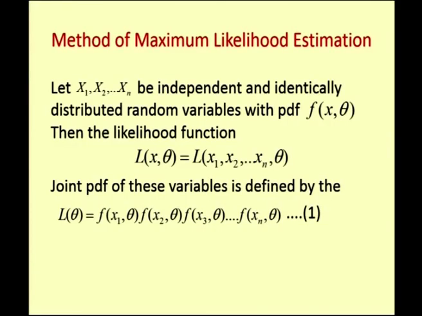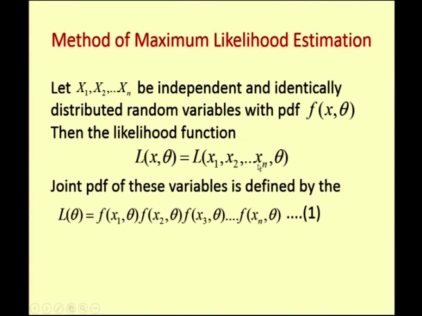To begin with, it is very important to know the procedure to find the maximum likelihood estimator. If x1 up to xn are independent identically distributed random variables with probability density function f of x comma theta, where theta is the unknown parameter, then the likelihood function, denoted by L of x comma theta, is L of x1 up to xn comma theta.